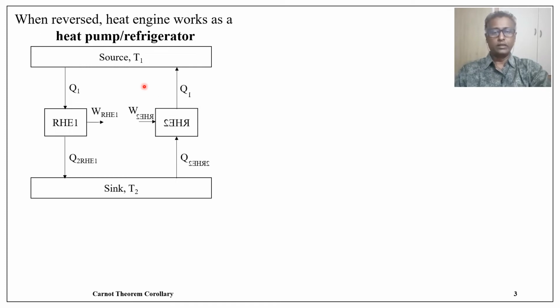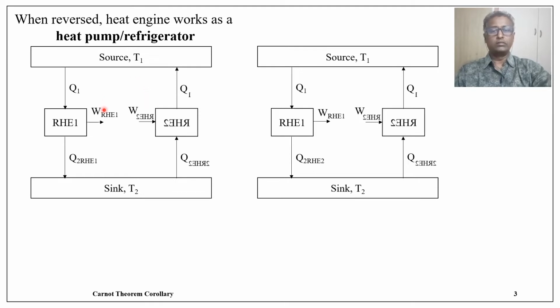Now, to explain, redraw the schematic again. When engine 2 is reversed, it works as a heat pump. Therefore, it requires work input.